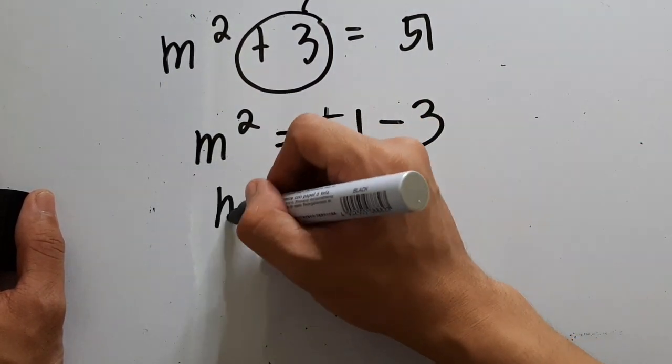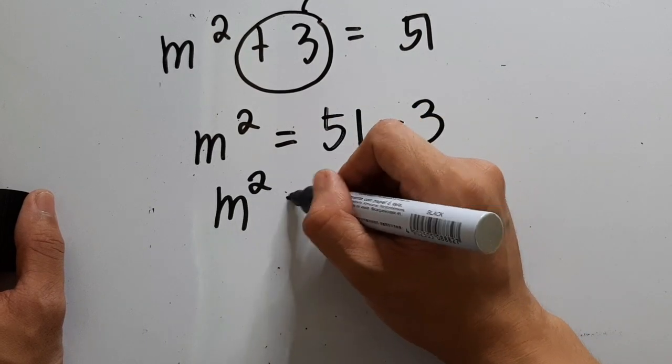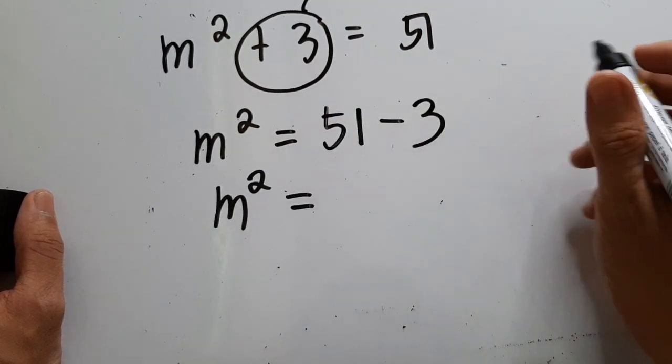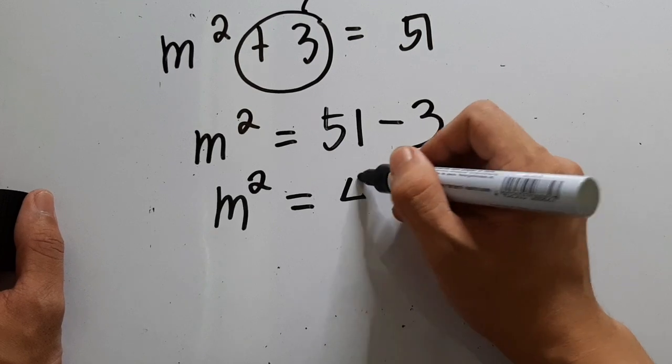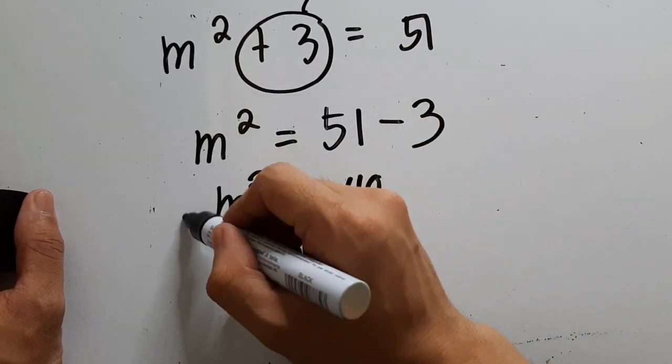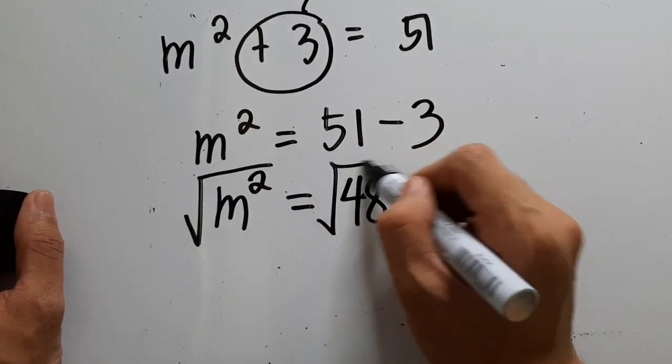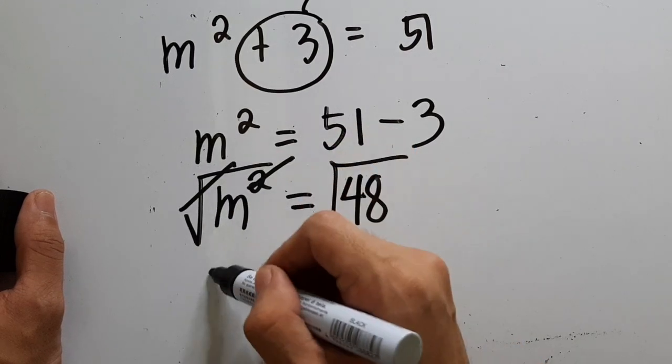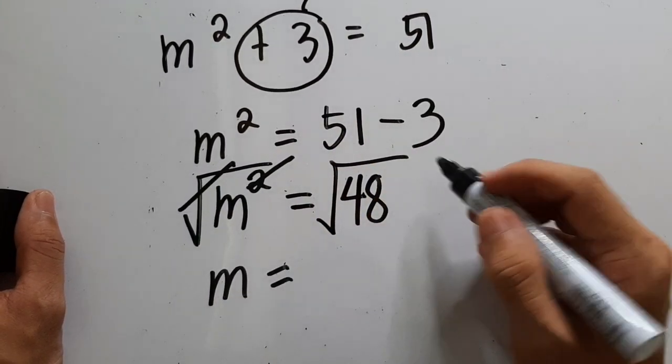So, we have m square equals 51 minus 3 is 48. So, hanapin natin ang kanilang square root. We have cancel. M is equal to.